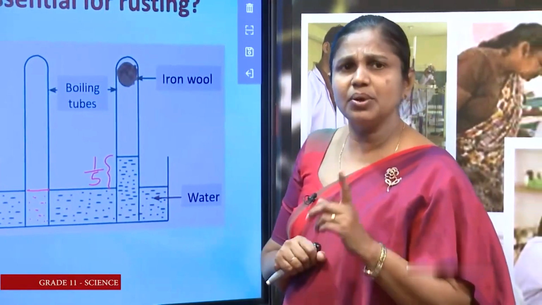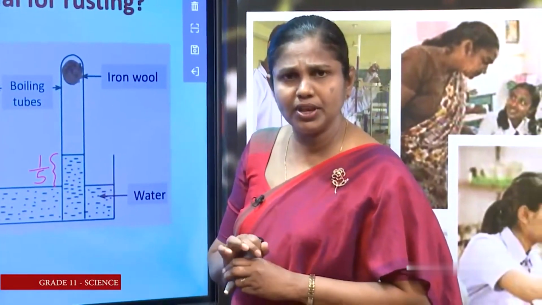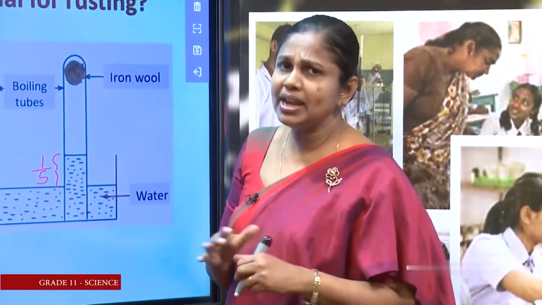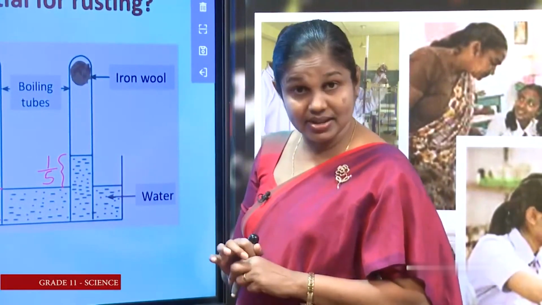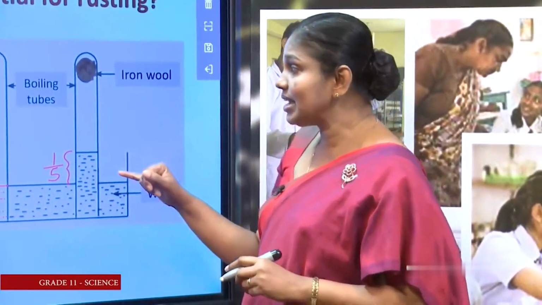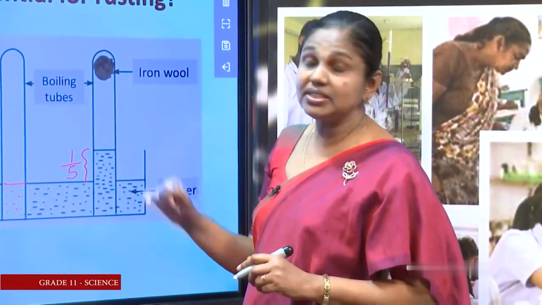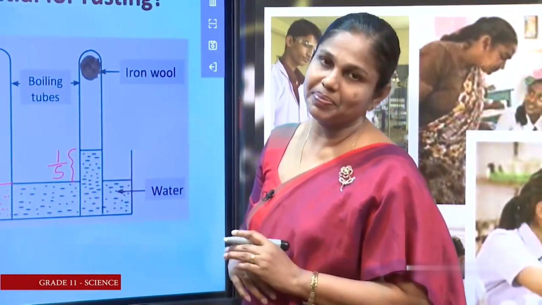Which gas has 1/5 of the total volume of normal air? That is oxygen. Because of that, we can decide this particular gas used up for rusting is oxygen.